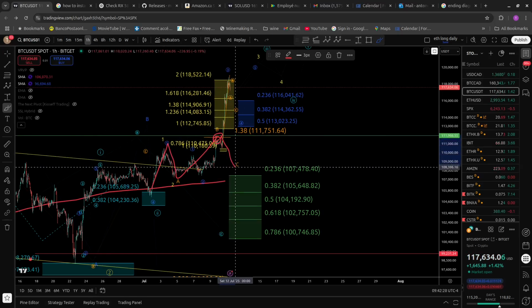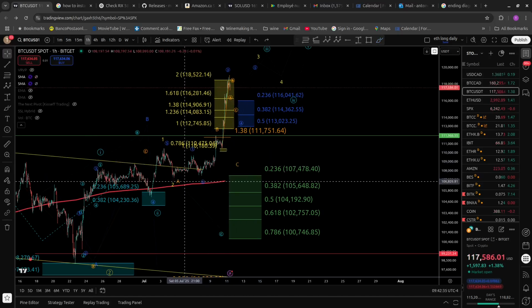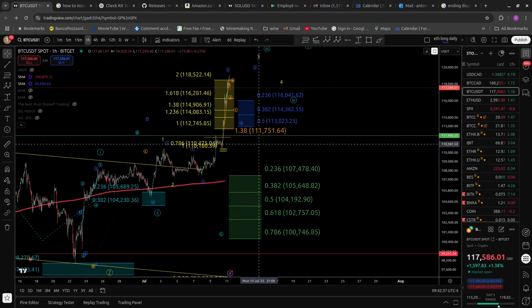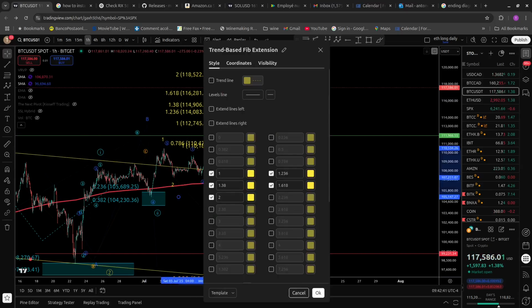And then there was this thesis that the C wave was still coming potentially. Now I can invalidate that. So let me remove it and remove that. Thinner chart.